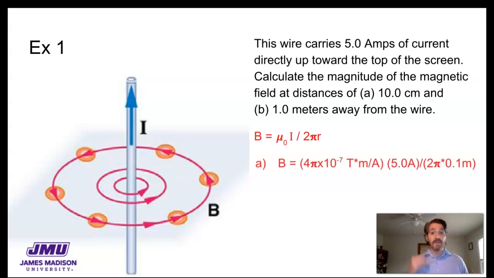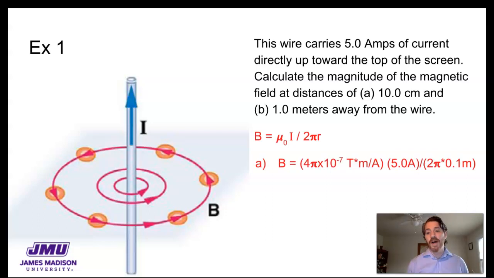But for now, the magnitude of the magnetic field would be found in part A as mu naught, which I just look up as 4 pi times 10 to the minus 7th teslas times meters per amp times the current, 5.0 amps, divided by the quantity 2 pi r, where r was given as 10 centimeters, so 0.1 meters.